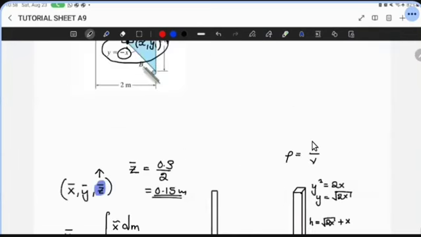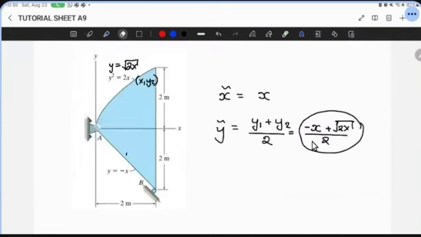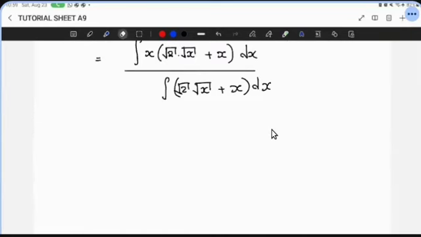So where are they? So when you look at this setup here, what is the smallest value of x? 0. And what's the largest value of x? 2. Yes. So we're changing from 0 to 2.